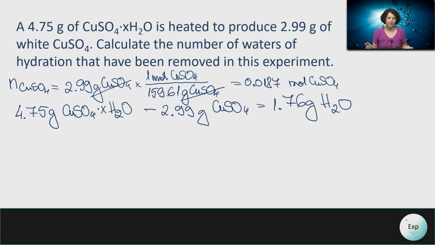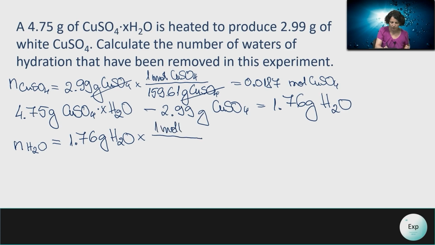As soon as we have our grams of water, we have the ability to determine the number of moles of water. We follow the same process that we use for determining the number of moles of copper(II) sulfate. The only difference is this time we're working with water. We start with the 1.76 grams of water, and we're going to say every 1 mole of water weighs 18.015 grams of water.